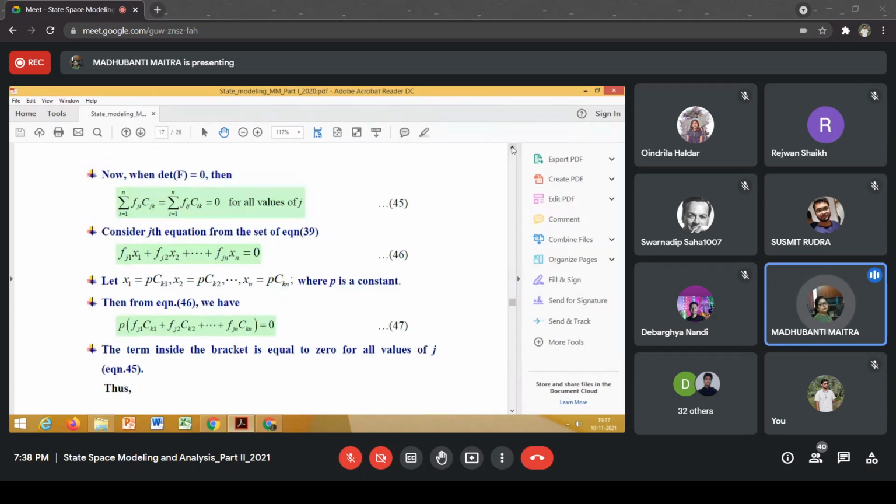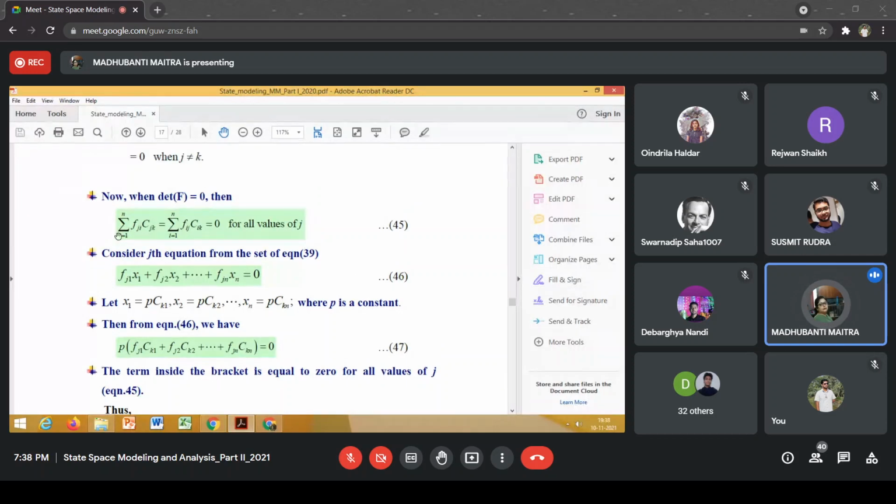going through this process. So we have seen that this summation always yields a value equal to 0. If we assume the solution x1 to be pk1 and x2 to be pk2, where p is some constant, then just consider the left hand side.